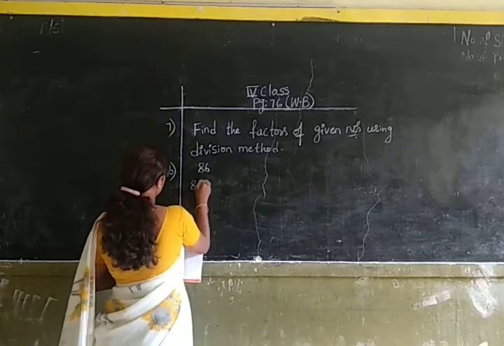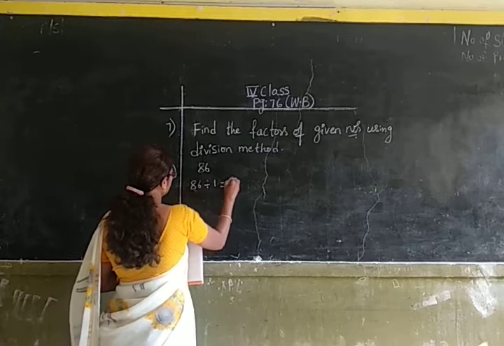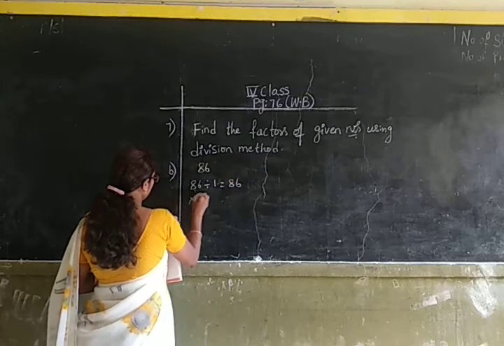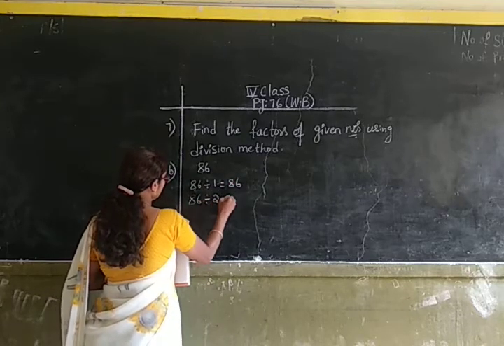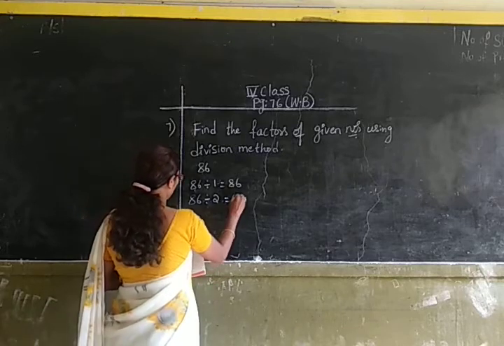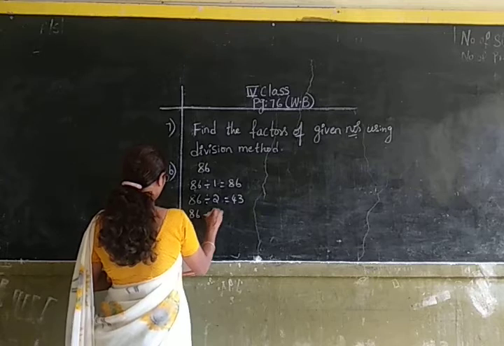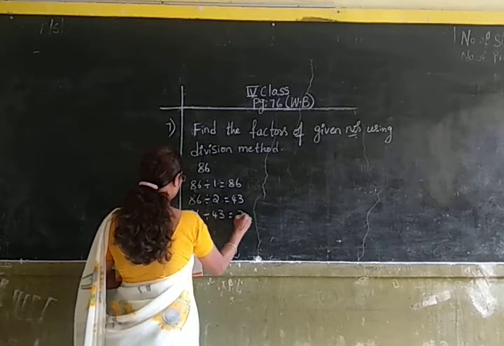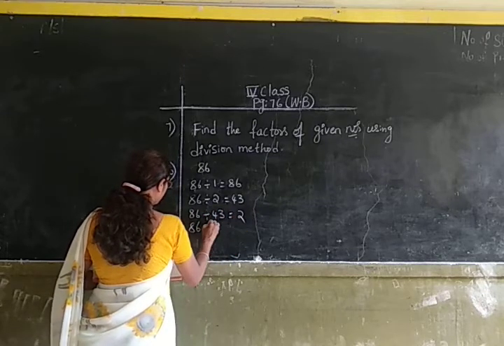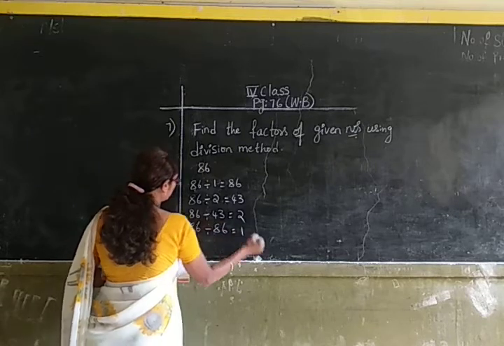So 86 divided by 1 is equal to 86. 86 divided by 2 is equals to 43. 86 divided by 43 is equals to 2. 86 divided by 86 is equal to 1.